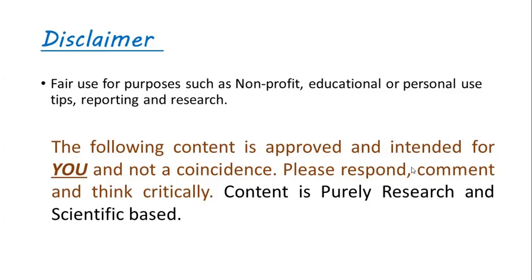Now we will see in detail the biological basis of behavior. In that, the very important topic is neural functioning, that is the nervous system. We will see the structure of the neuron today, and let us jump into the topic.